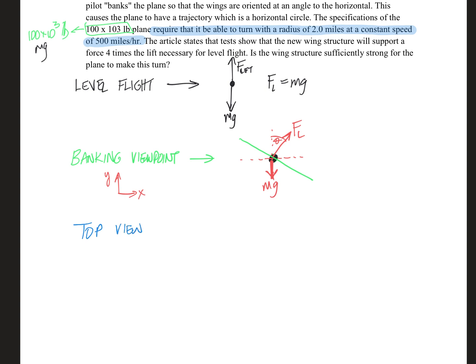All right, so I have to marry up the idea of circular motion, which I can visualize from a top view, because that's where I see the circle. If I'm looking at the plane as it's turning, I don't see its circle.